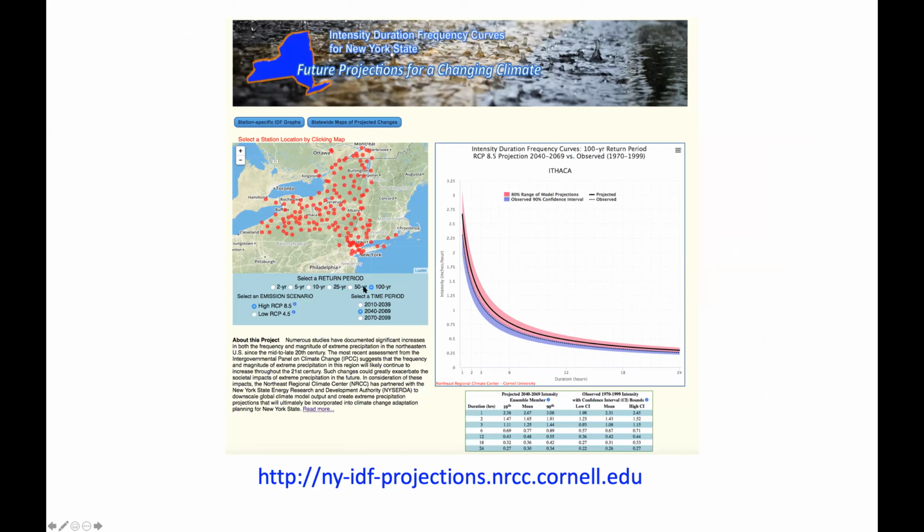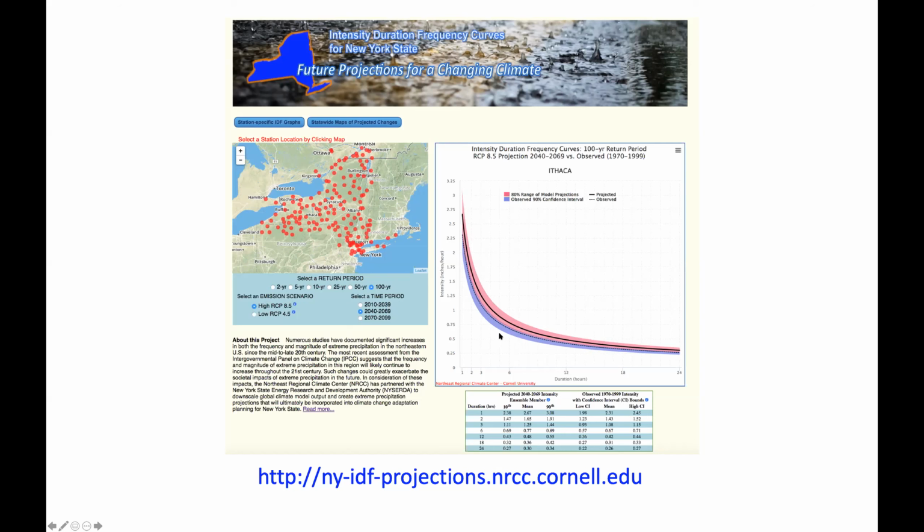What we see in the map is the individual stations that were used in the analyses. There is some navigation here in selecting return period, emission scenario, and what future time period you're interested in. And then the main deliverable from the product is this IDF curve and the corresponding chart.